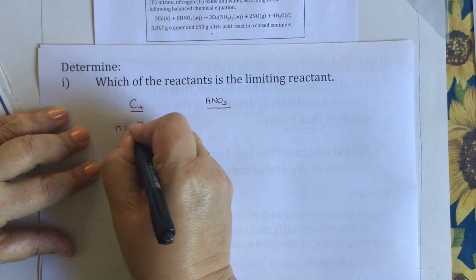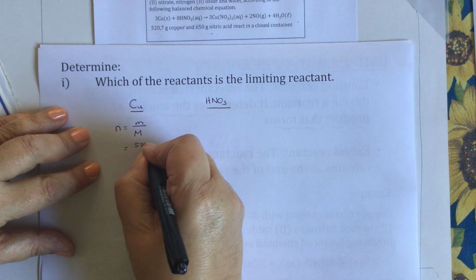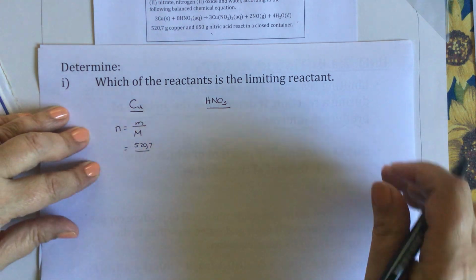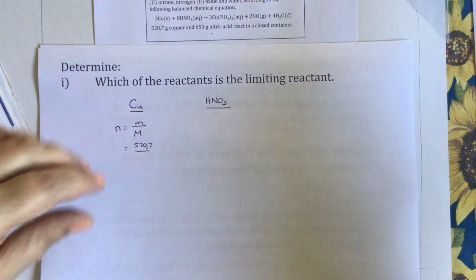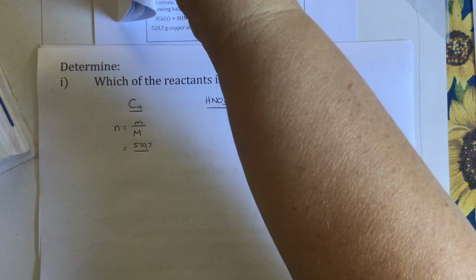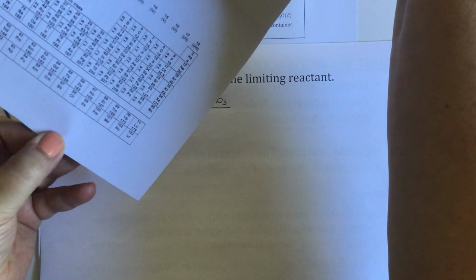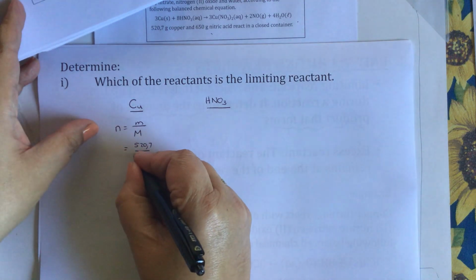Number of moles is mass over molar mass, which is 520,7 divided by the molar mass of copper, which is 63,5.